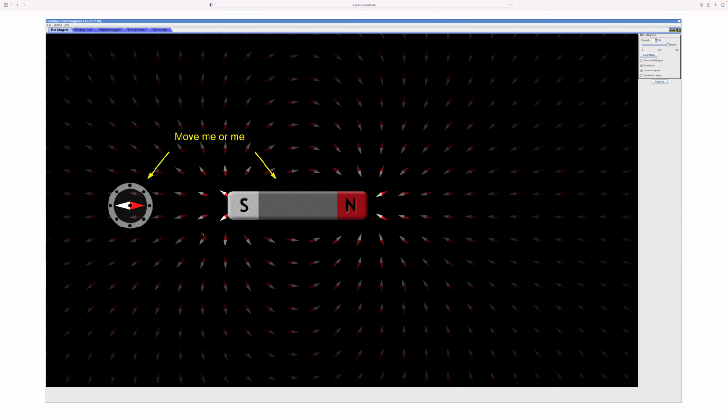See, this is a simulation lab, where we will be concentrating on the different parts that are there. First thing, you know about a bar magnet.